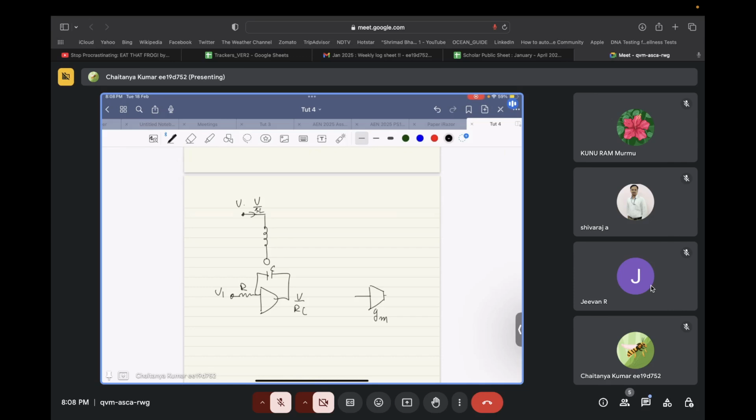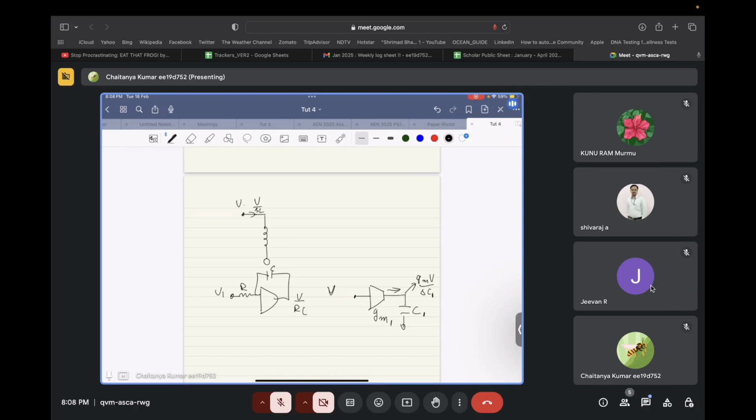If you have GM over here, and you push it to some capacitance C, let's call this GM1 and C1, and this voltage is V. What you will get over here is GM times V by SC1. The current is GM times V, that is flowing into an impedance of 1 by SC1.